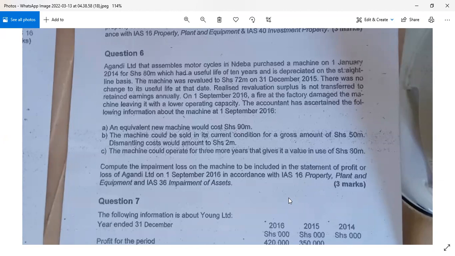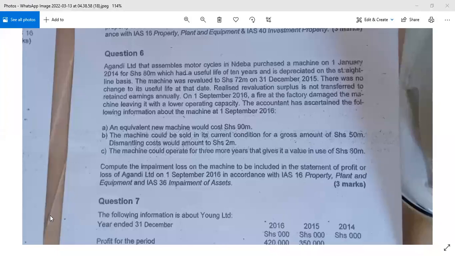And also we know that whenever we have revaluation, what comes to our mind is: is there a gain or a loss on revaluation? Right? So we are good to go here. The first date that is important is 31st December 2015, we revalued. So our fair value at that date was 72 million.